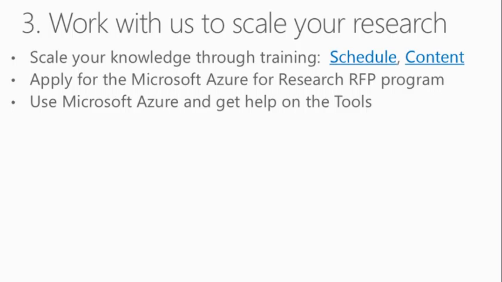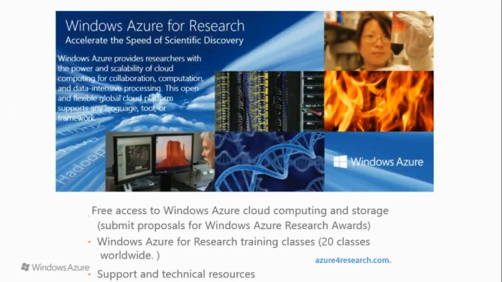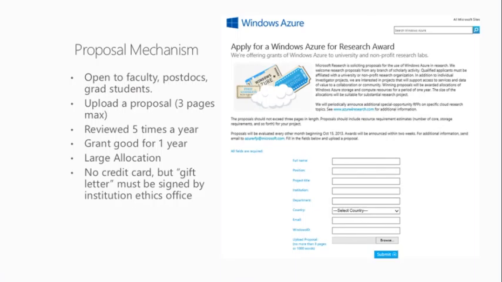You can also get help through our support program. This is the Azure for Research program, and you can go to the URL here, and on the main page you'll find the actual proposal that you have to fill out. As you can see, it's really not many things you have to do.